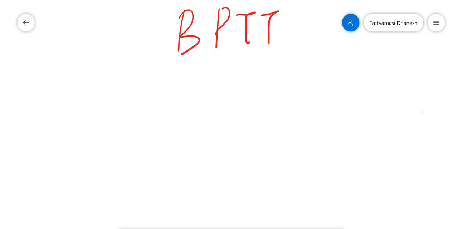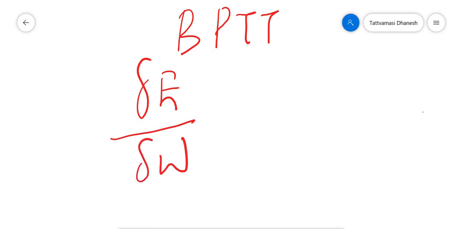Now, the backpropagation algorithm, as you know, calculates the gradient of the error function or loss function or cost function with respect to the neural network's weights and biases and finds the global minimum of the cost function. Here, the equation will be dou E by dou W. I am writing with respect to weight. The same process you can repeat for bias as well.